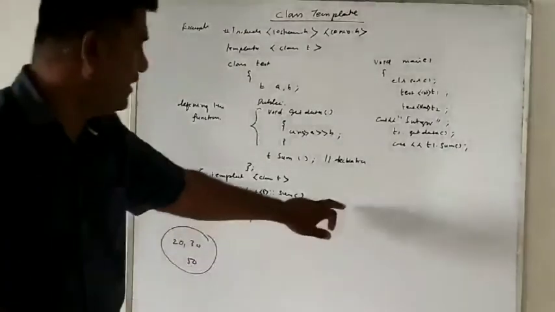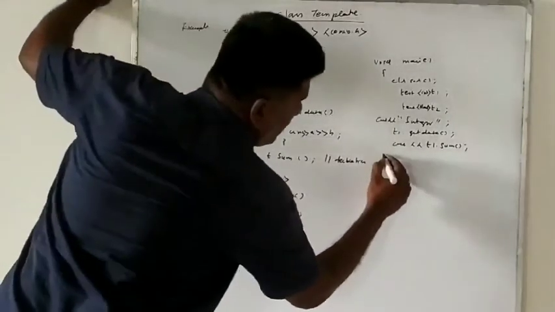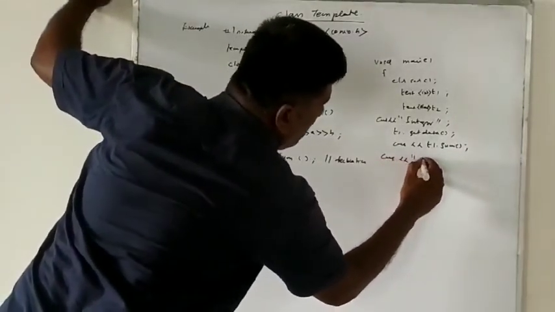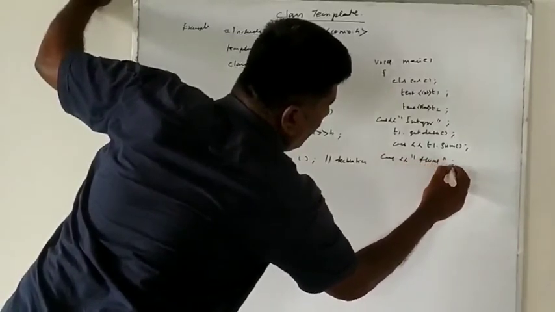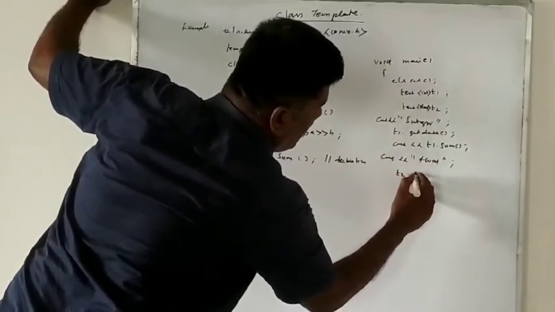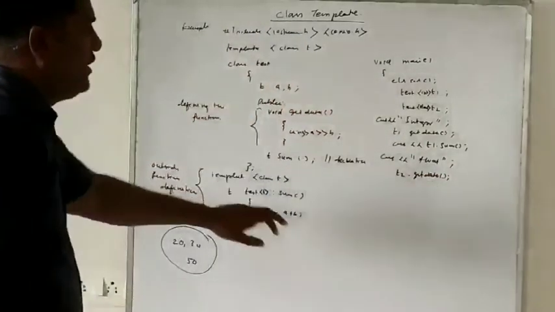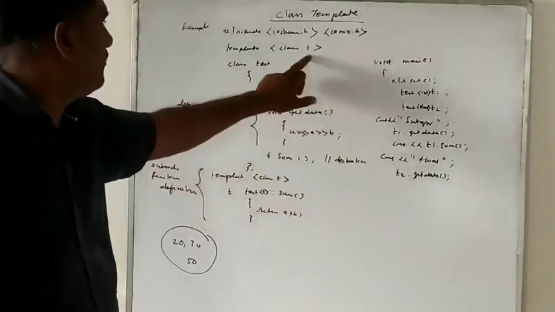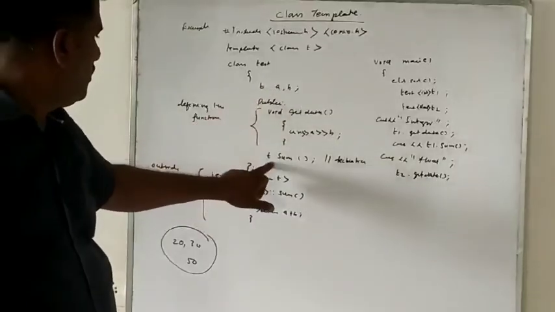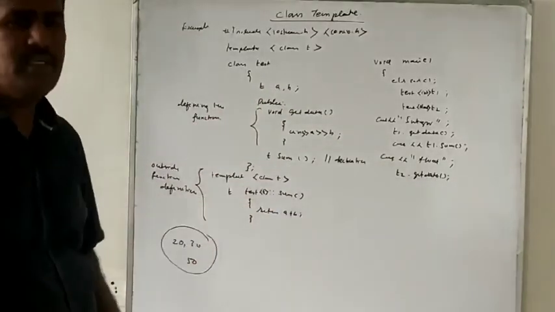Then using float, cout. Here you use T2 get data. T2 is a float type, so everything is float.